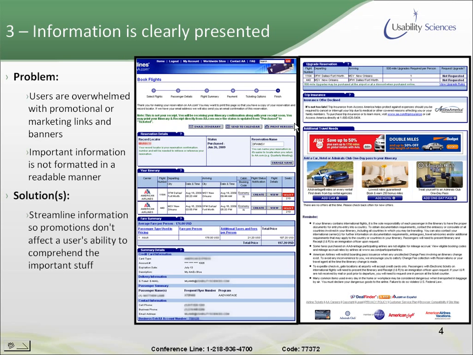So they've done a really good job of streamlining the promotional information. All of the upsell items are located here on the second half of the page, so users can get to their most important information here before they have to start scrolling down further. And once they do, they can see this is very colorful.